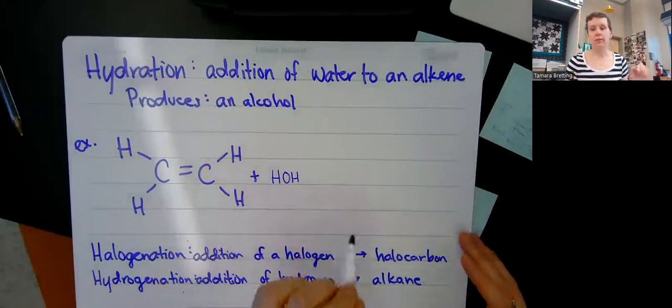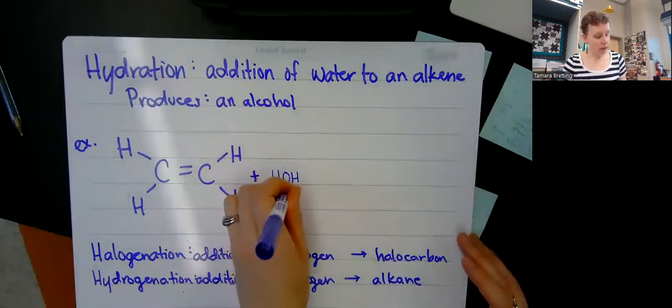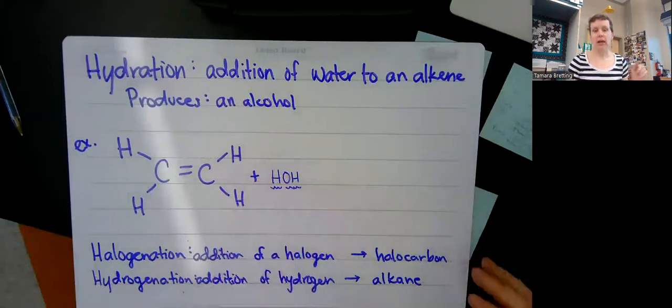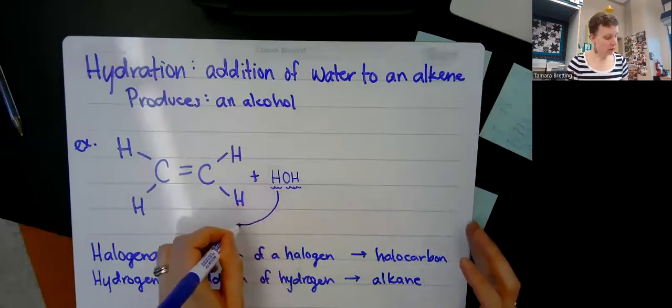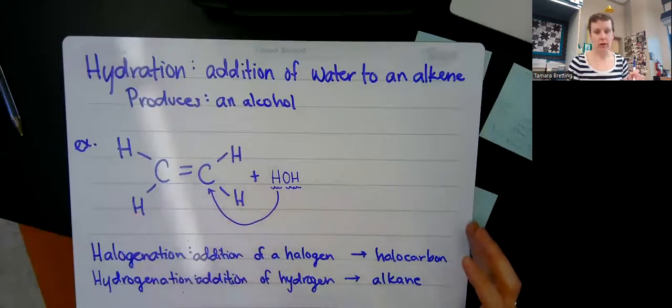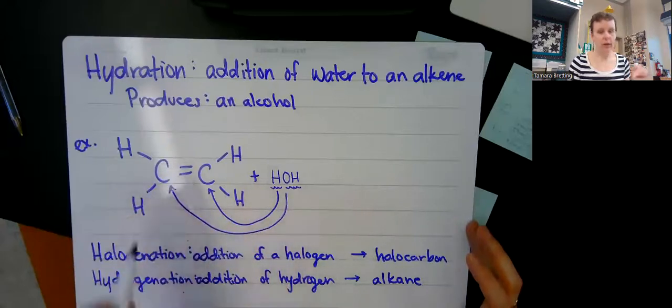But in this case, I'm drawing it this way for a different reason. This is where water is going to split apart, H and OH, and one of those pieces is going to come over here and bond with this carbon, and the other piece is going to come over here and bond with that carbon.